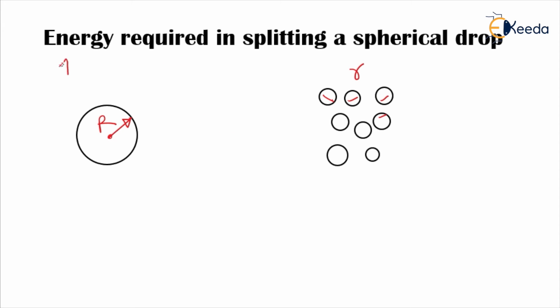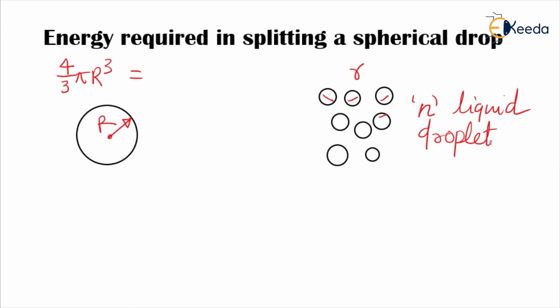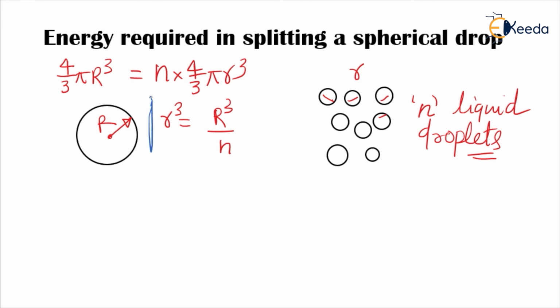So volume here will be 4 by 3 pi R cube, which must be equal to, suppose we have n liquid droplets after breakup, n multiplied by 4 by 3 pi r cube. From here we can see that r cube is equal to R cube by n. This is an important expression because the radius we can easily determine.